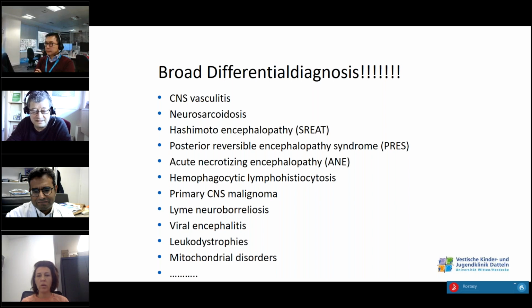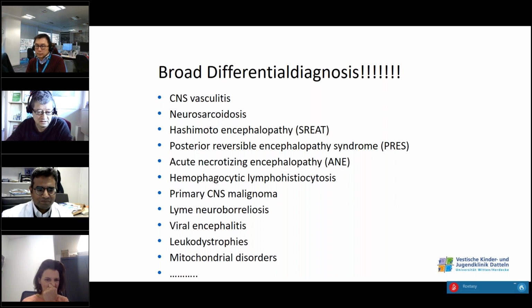Please keep in mind that acute necrotizing encephalopathy, HLH or macrophage activation syndromes, neuroborreliosis in our country, and mitochondrial disorders, of which I will show you one example, are always important differential diagnoses. At the beginning it is sometimes very difficult to decide. I'm sure Ming will later talk about the antibody-negative diseases, where other diseases always come to mind.